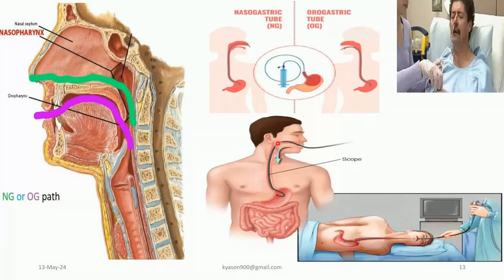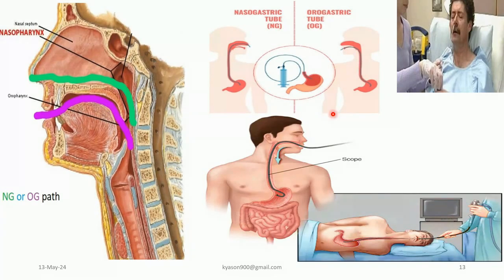Okay, so a nasogastric tube can be passed through the nose, down the throat, then down along the esophagus. The orogastric tube can be passed through the mouth, through the throat, and down through the esophagus.